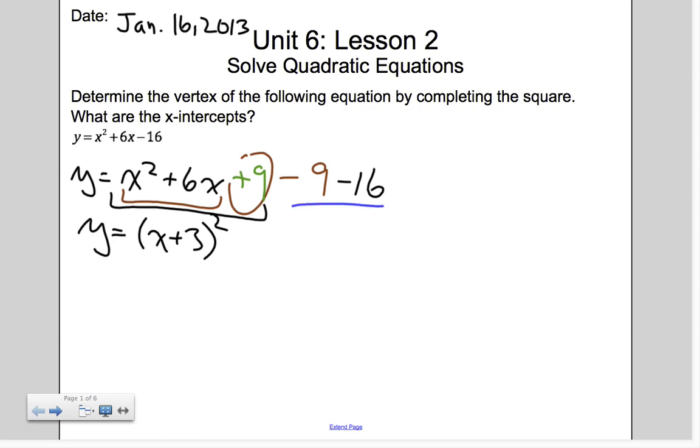So minus 9 minus 16 gives us minus 25. So now we have it in vertex form. So therefore, the vertex is (-3, -25).